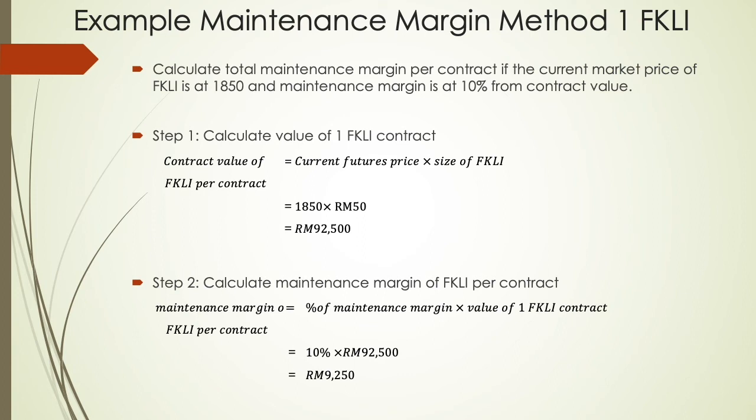You can refer to this slide to look at an example to calculate maintenance margin for FKLI by using method 1. If you look at this example, first you need to calculate value of one FKLI contract. After you get the value of one FKLI contract, you take percentage of maintenance margin times value of one FKLI contract. So you get 9,250 ringgit.